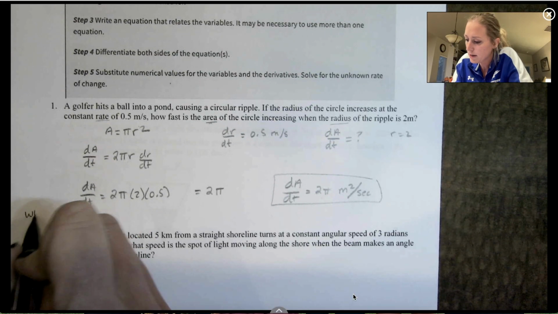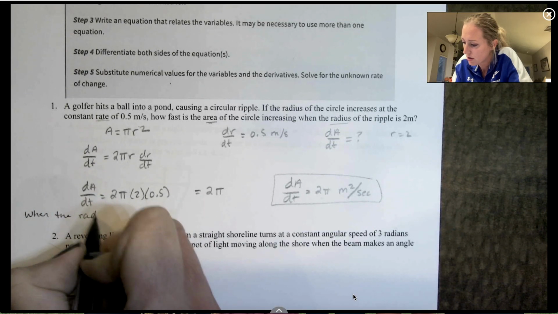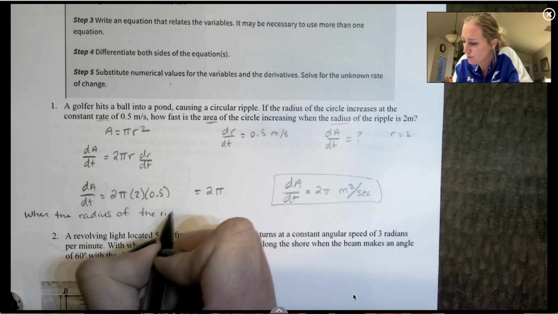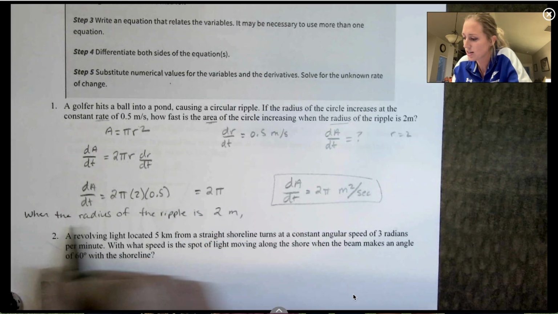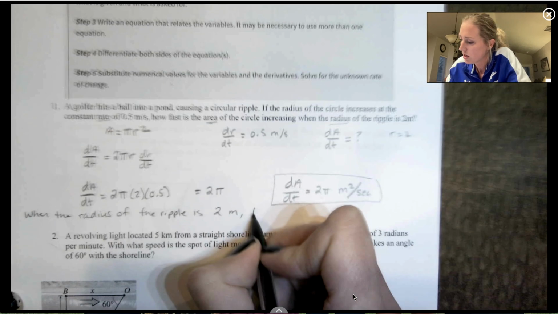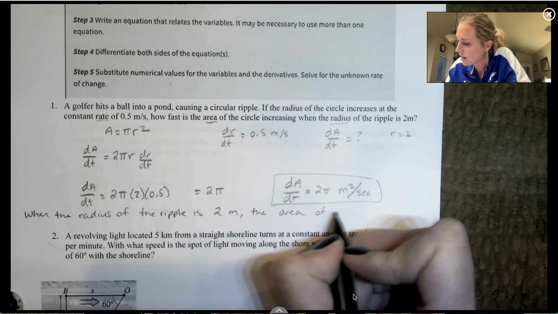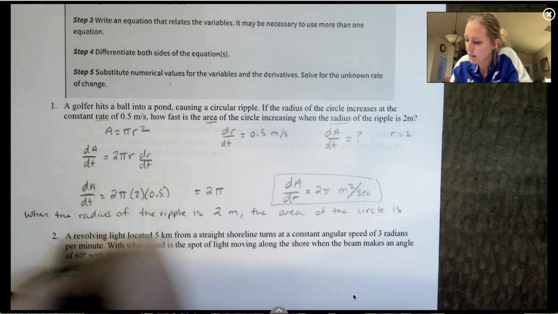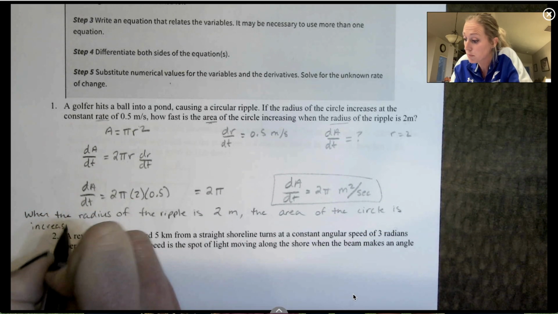So when the radius of the ripple is 2 meters, so that's our instant, the area of the circle is increasing because it's positive.